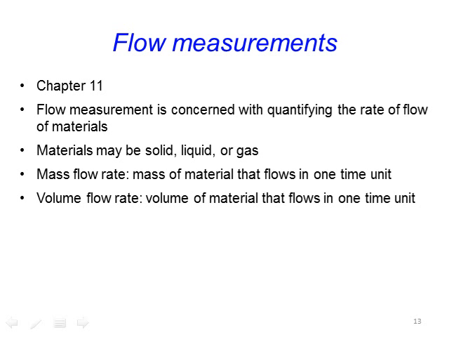Flow measurement is concerned with quantifying the rate of flow of materials, and materials can be solids, liquids, gas. Mass flow rate is a mass of material that flows in 1 unit time, and a volume flow rate is a volume of material that flows in 1 unit time. So a mass flow rate would be kilograms per second, and a volume flow rate would be meters cubed per second.